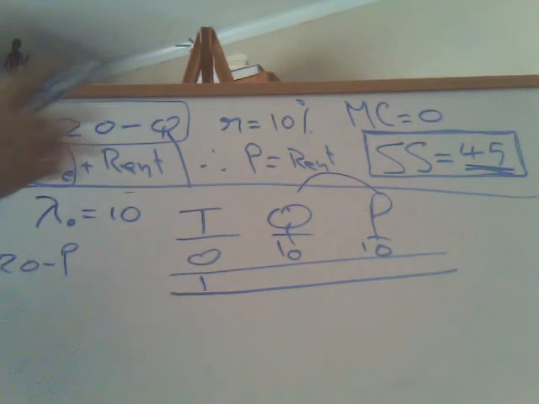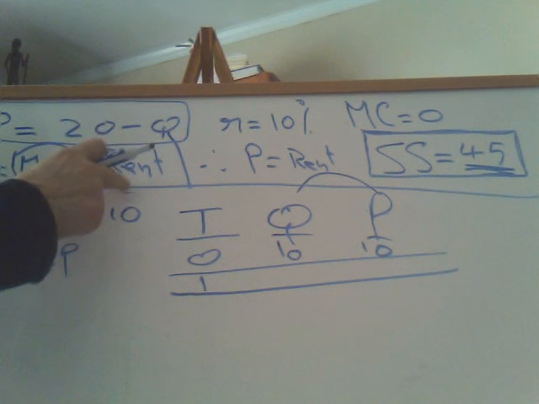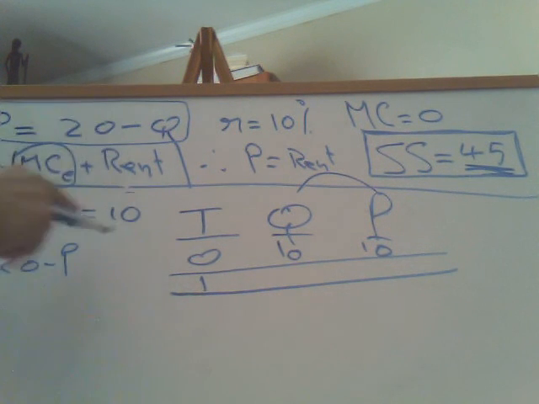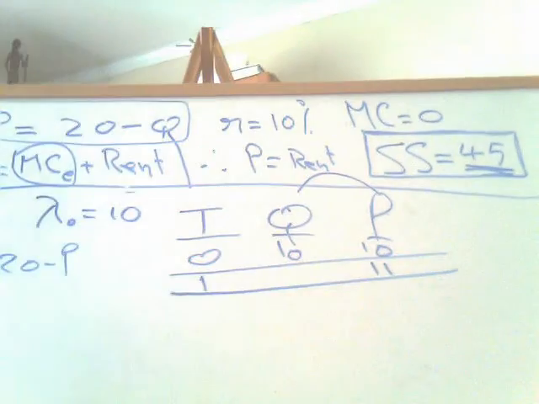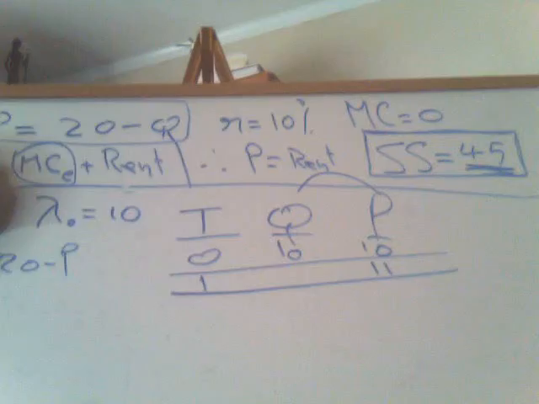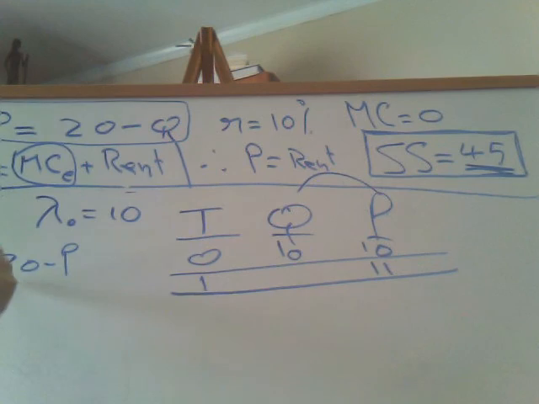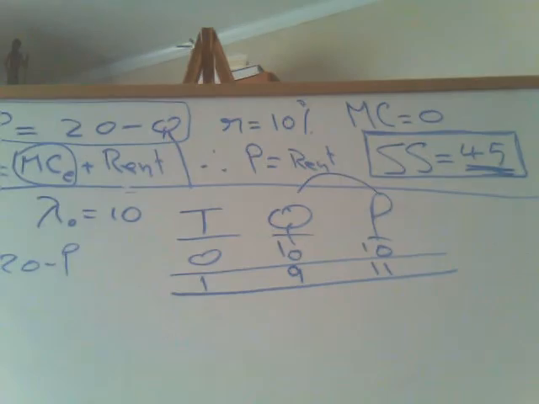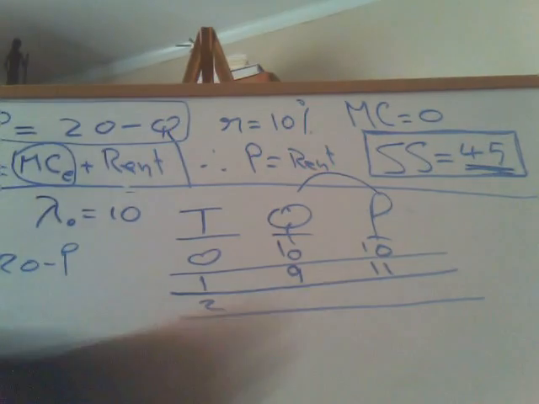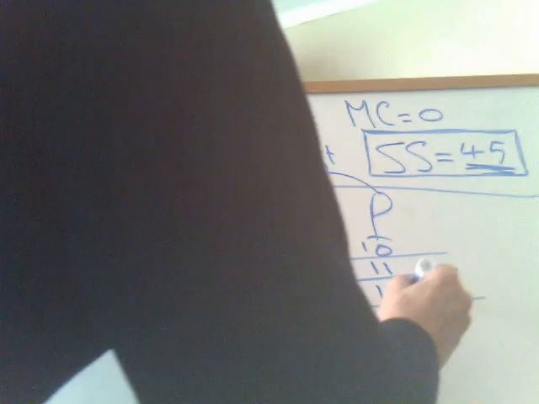Remember, for simplicity, we're assuming that this is 0, so the only thing that's going to change is rent, and rent increases by the discount rate, so this is going to become 11. When this is 11, how much is the quantity? It's 20 minus 11, which is 9. I go to another period. This is going to become what? 11 times 1.1, which is 12.1.